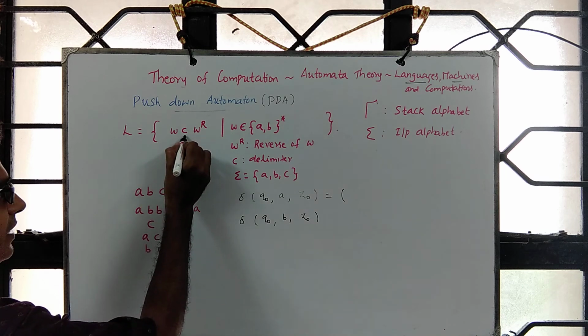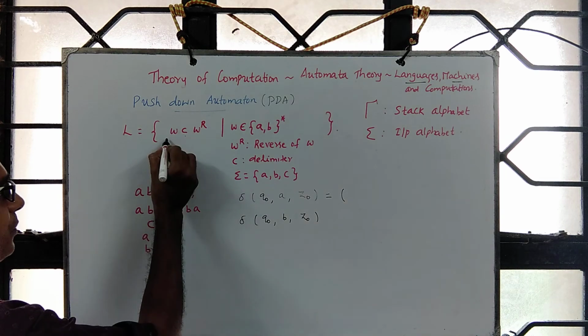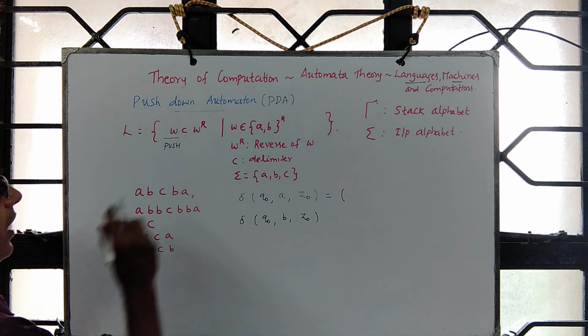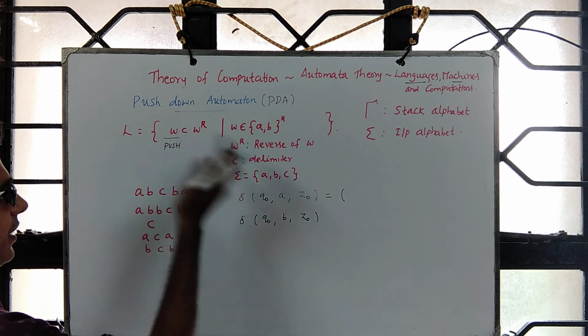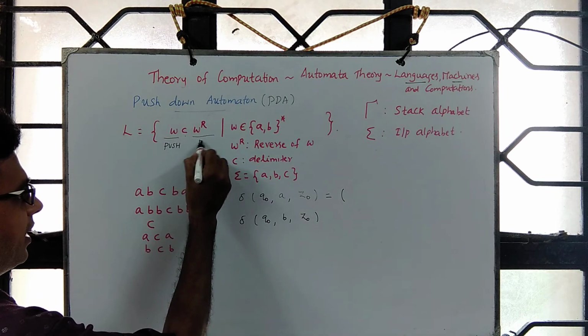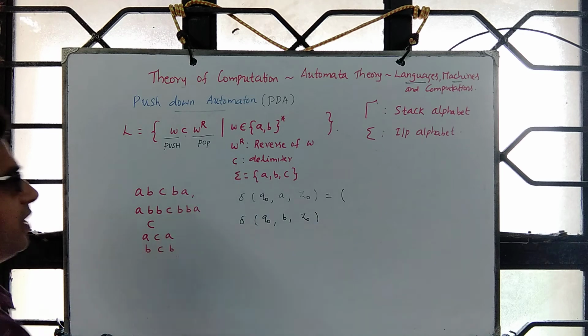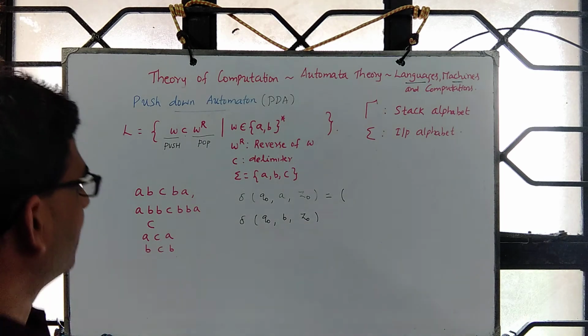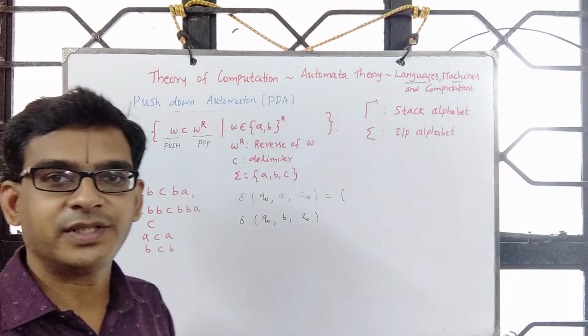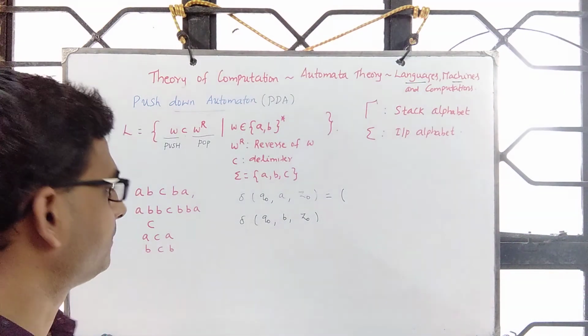Remember, C is acting as a delimiter, which means when you scan W, simply perform push. And C will act as a switch and take you to the other side. When you start seeing WR, invoke pop, check whether the top symbol and the symbol read are one and the same, and go for a pop.